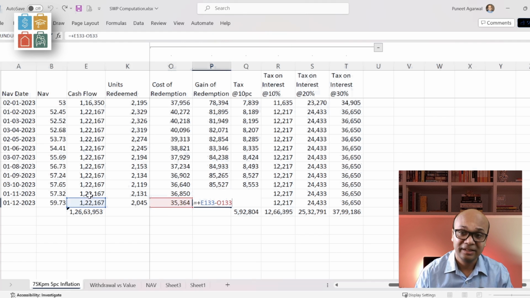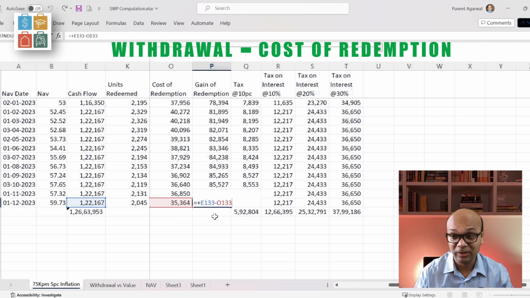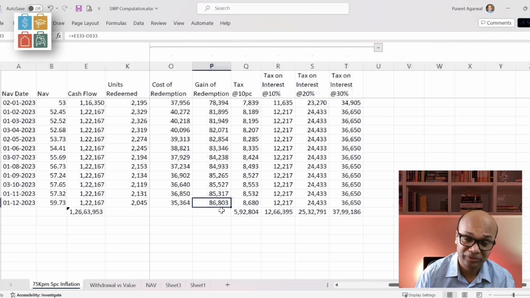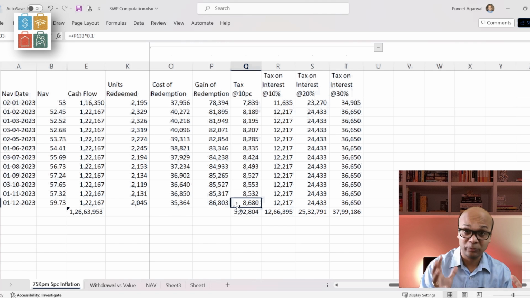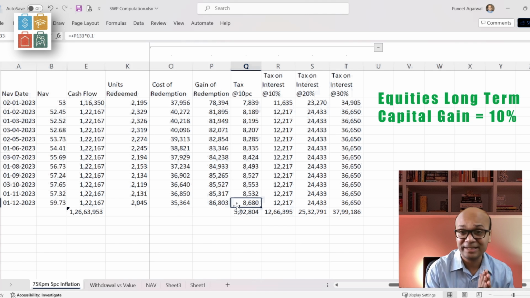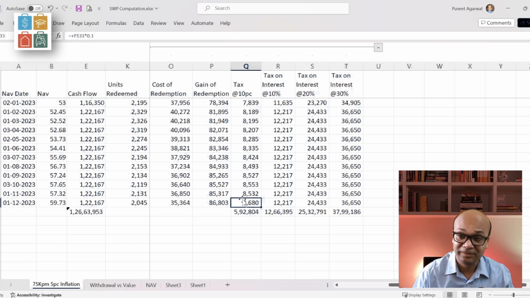The gain is the 1.22 lakhs that came into your bank less the cost which is 35,000, so 86,000 rupees. So this is a very important part of SWP, that this is the part which is subject to tax. Now, considering all of them are under the equity scheme we have used, the tax rate on equity is 10% for long-term capital gain. So 10% of 86,000 is 8,600. So this is the tax over here.